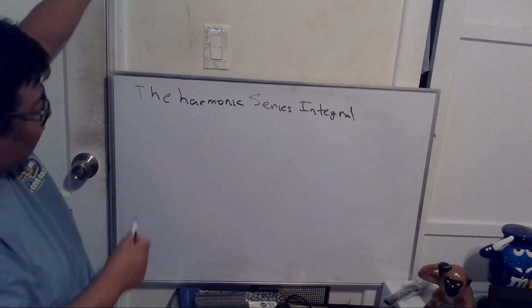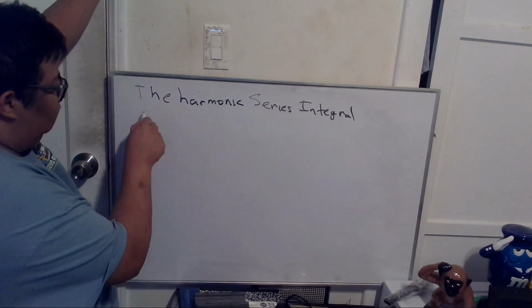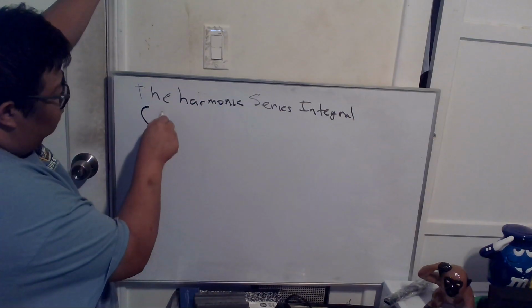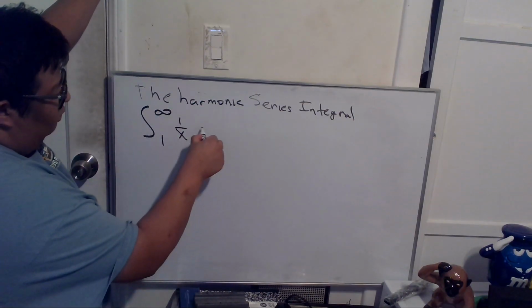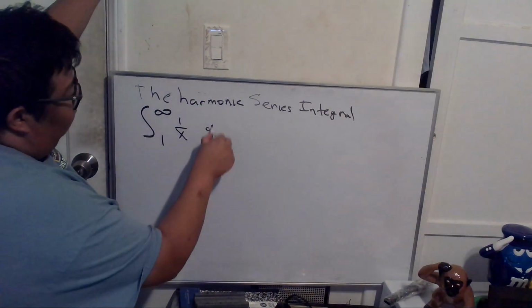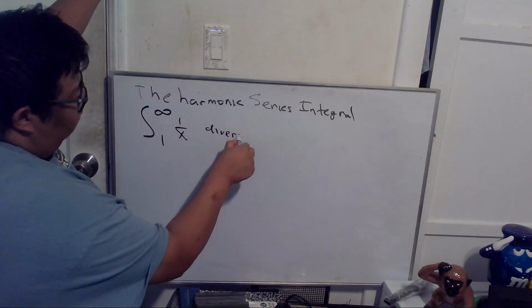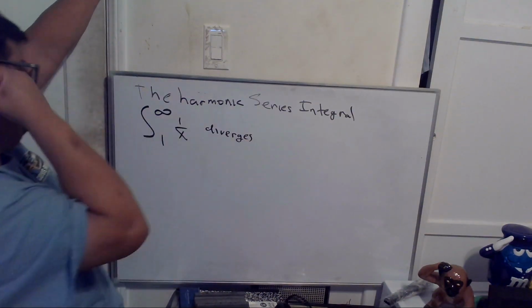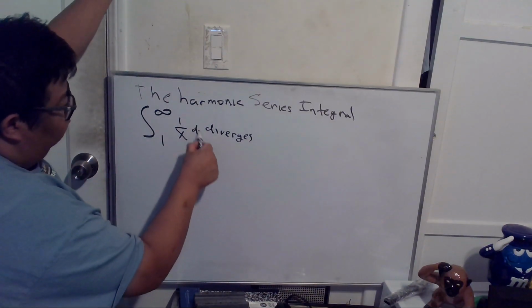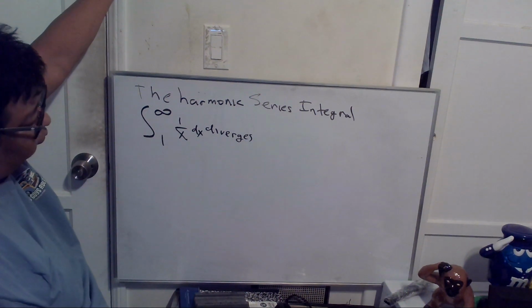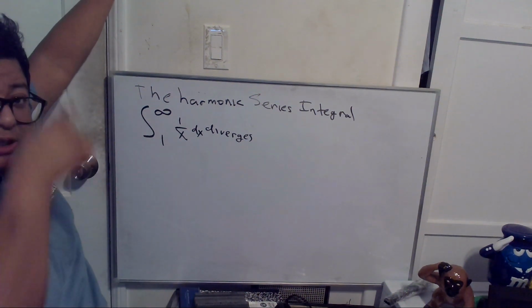The harmonic series integral is the one that says that the integral from 1 to infinity of 1 over x diverges. So let's see why that diverges.